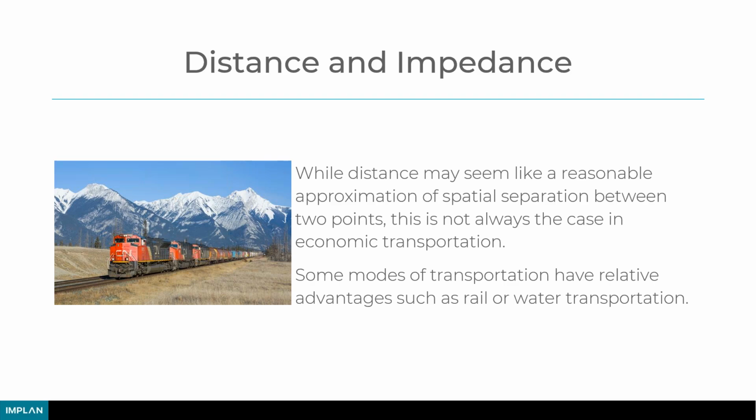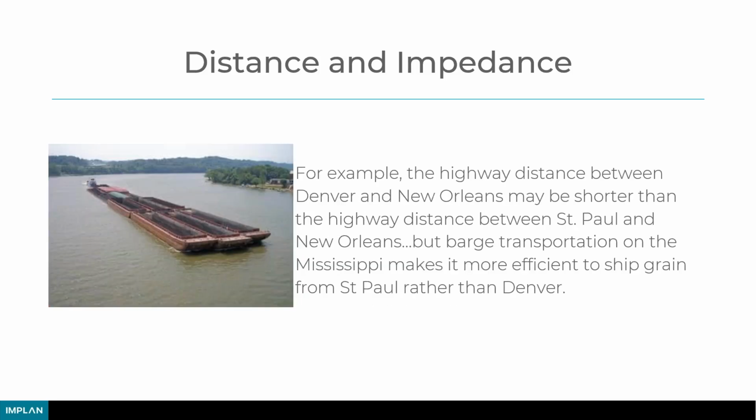Some modes of transportation have relative advantages, such as rail or water transportation. Others may have disadvantages. And so we can think about this with a practical example, right? If we think about the highway distance between Denver and New Orleans, it might be shorter than the highway distance between St. Paul and New Orleans, right?